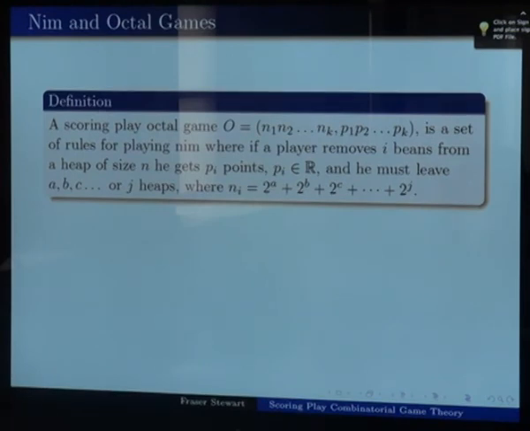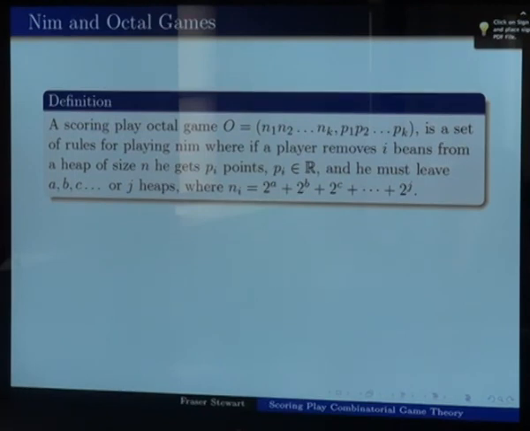Under normal play, the last player to move is the winner, and under misère play, the last player to move is the loser. And octal games are effectively the same thing, but we define the rules a little differently to determine how you actually remove the beans from particular heaps and what you do once you remove certain beans from certain heaps.